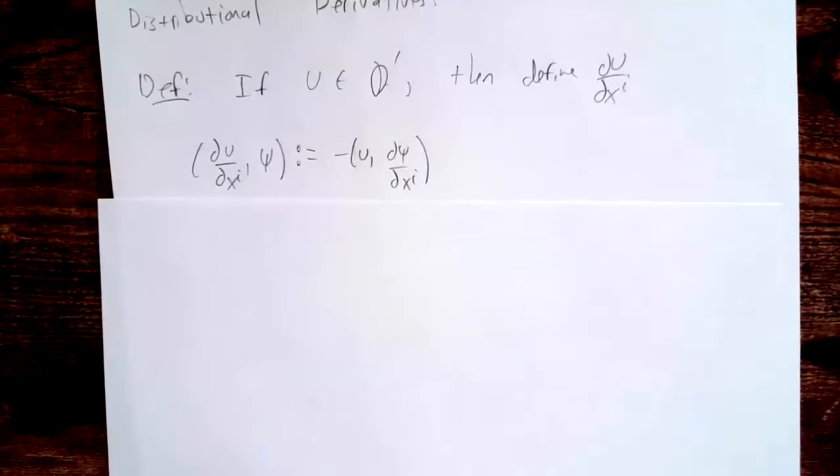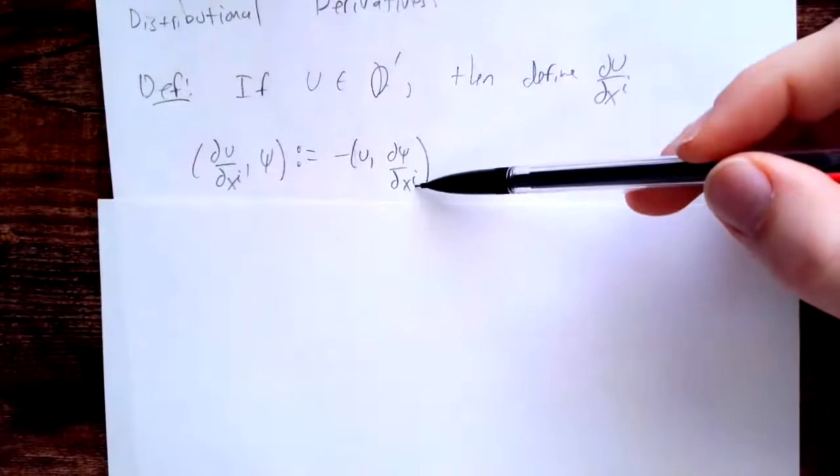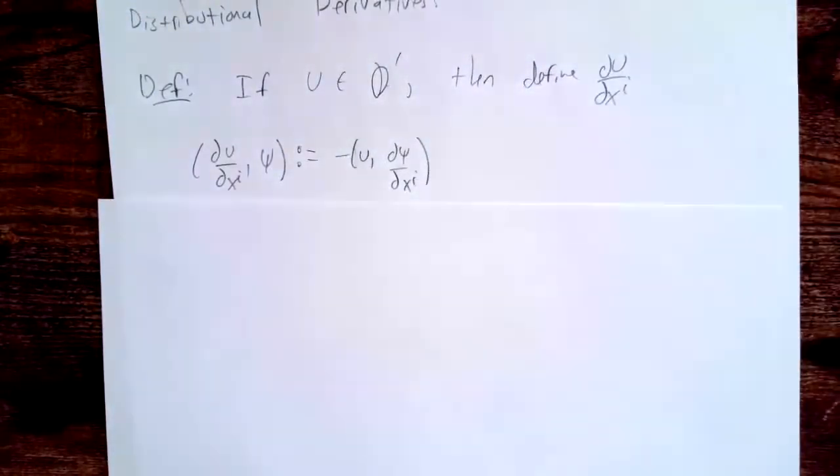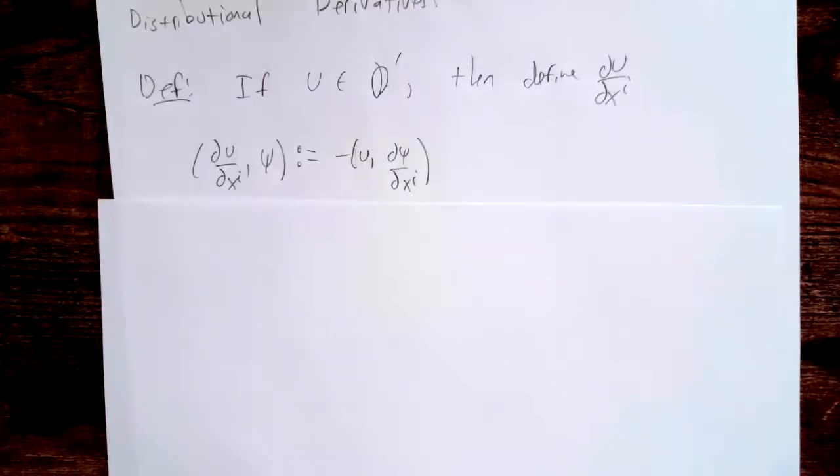And what the pairing means is simply apply the distribution to the derivative of psi in the direction of xi, and then include a negative sign. And this is brilliant because psi is infinitely differentiable. So you'll always be able to put as many derivatives as you want on the other side.